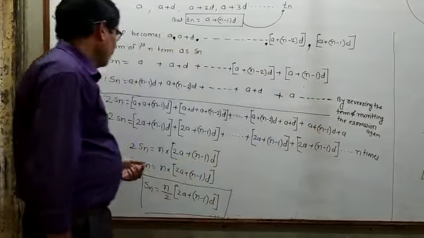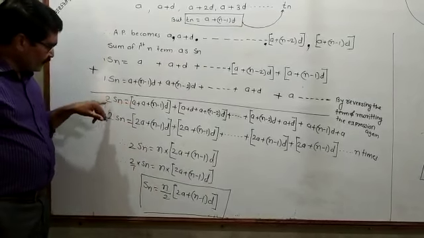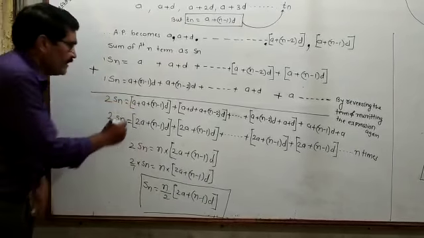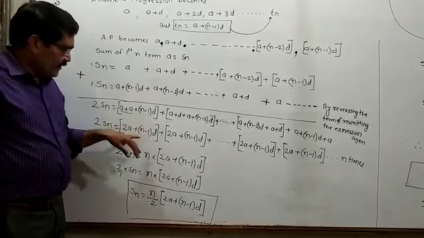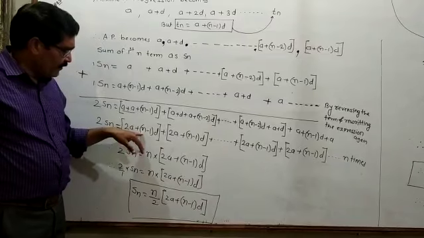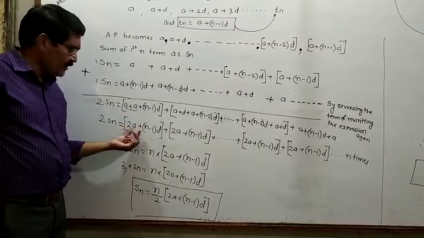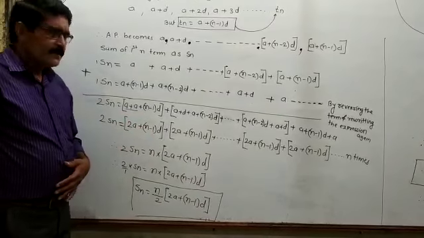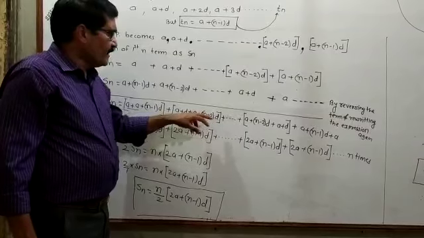Here you see this a plus a, and 2Sn as it is you have to write. a plus a is equal to 2a, and n minus 1 into d, n minus 1 into d as it is, means this becomes 2a plus n minus 1 into d.